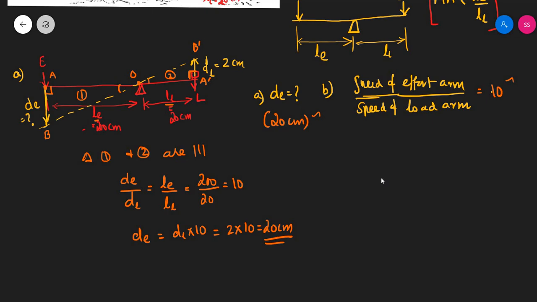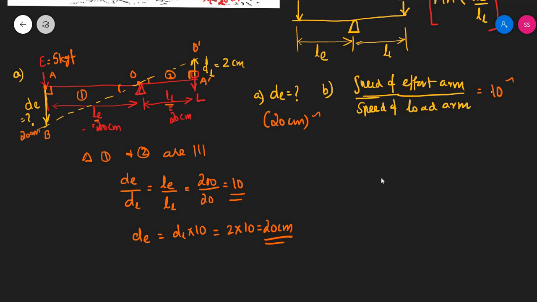So an interesting observation is that your effort arm is moving a much longer distance. Though you're putting in a smaller effort, your effort was about 5 kgf, but you moved 10 times more distance, which is about 20 centimeters.